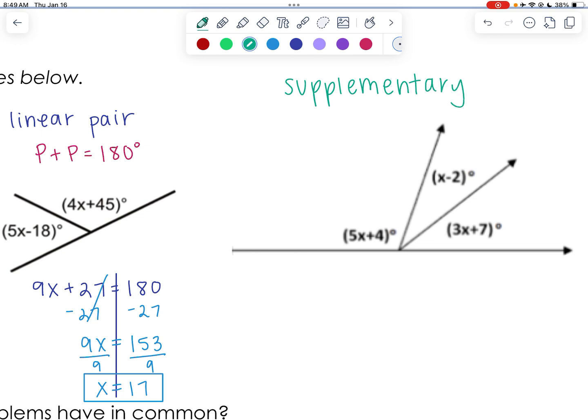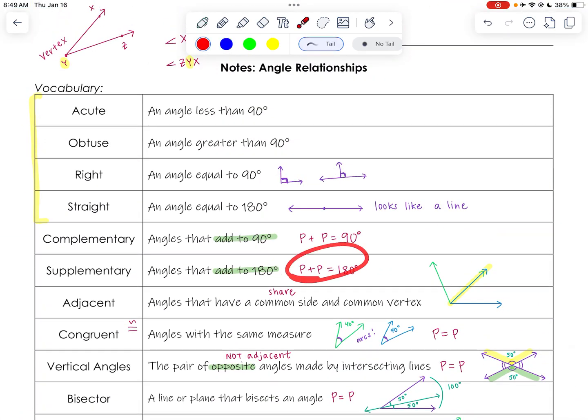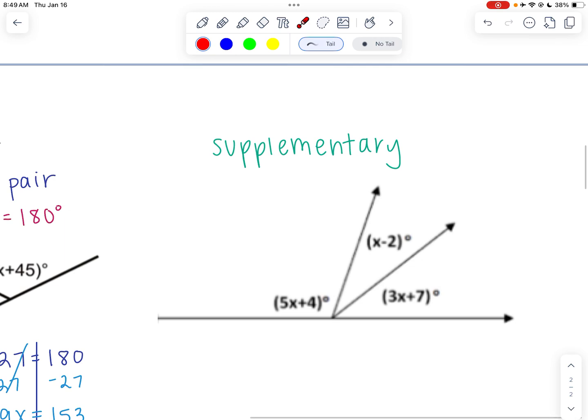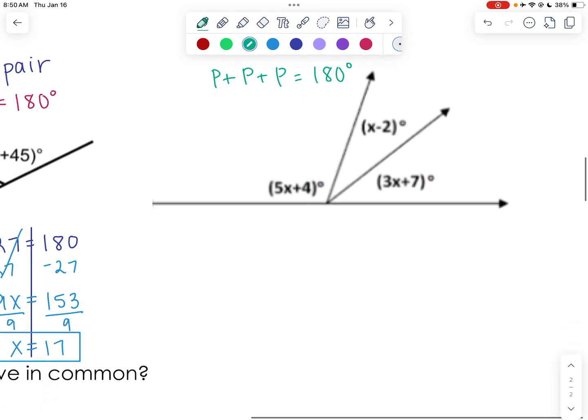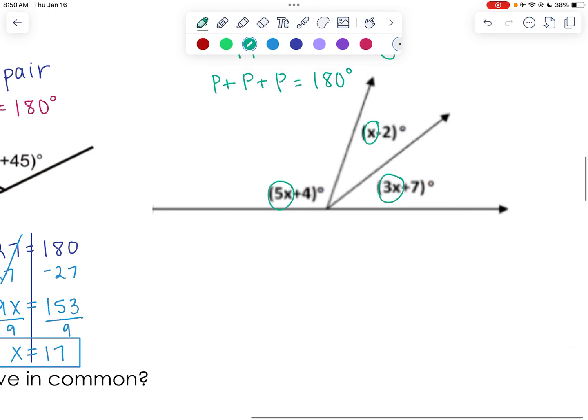Now, this one's a little bit more complicated than the other ones because supplementary, if we take a look at our chart, was part plus part equals 180. But sometimes you have an added piece. So this isn't part plus part equals 180. This is part plus part plus part equals 180. So when I'm combining like terms, I have to add all the x's together and be really careful. So 5 plus 1 plus 3 makes 9x.